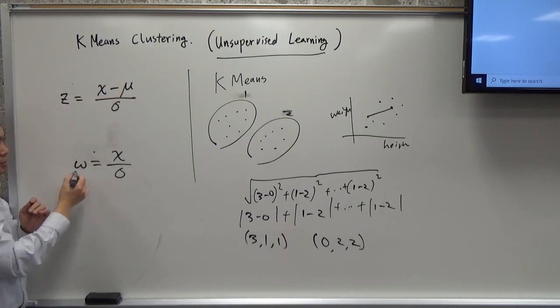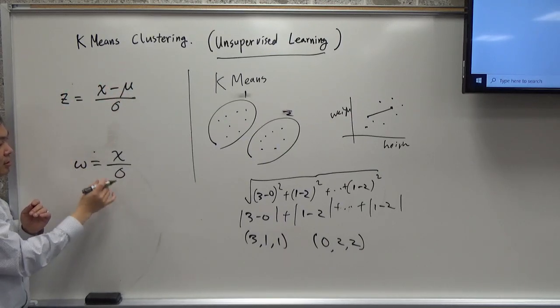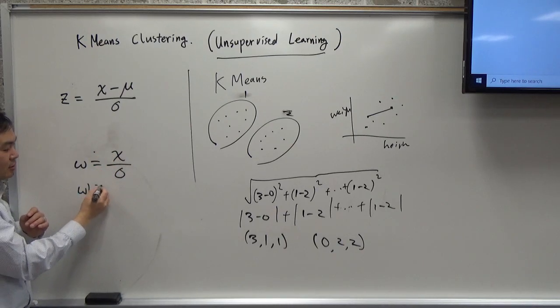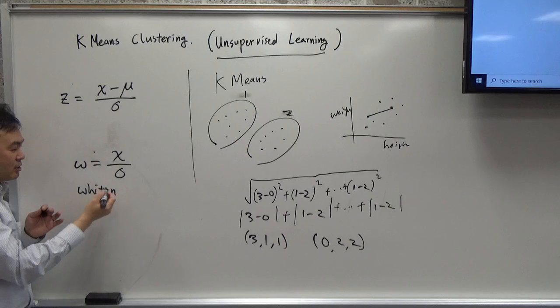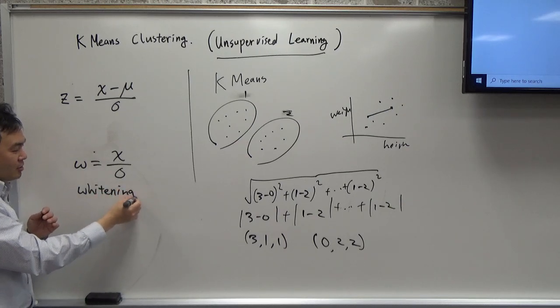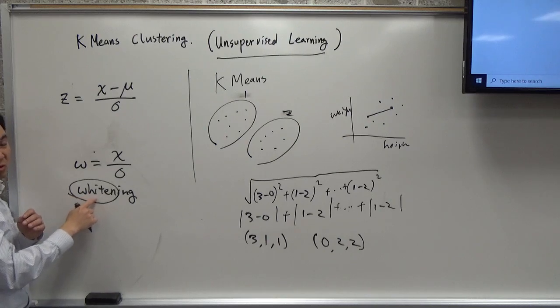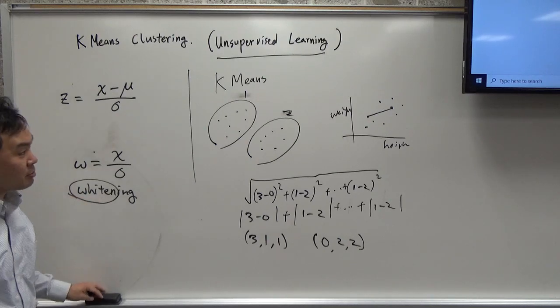So this process of dividing the value by the standard deviation is called whitening, coming from white noise, but there is a whiten command you can use from SciPy that can be used for exactly that purpose.